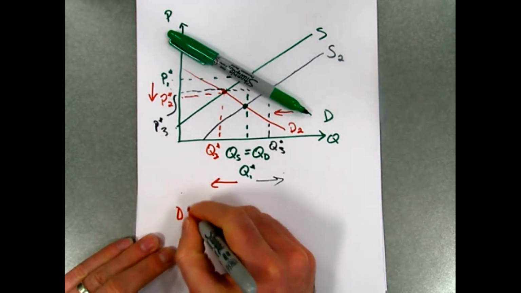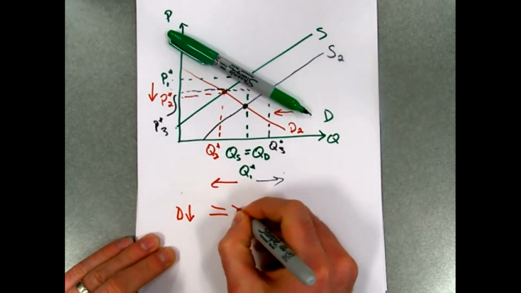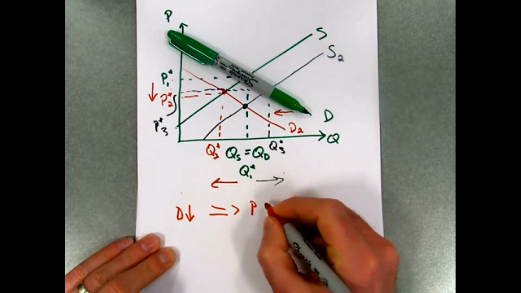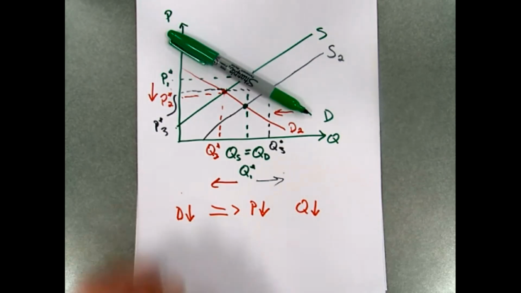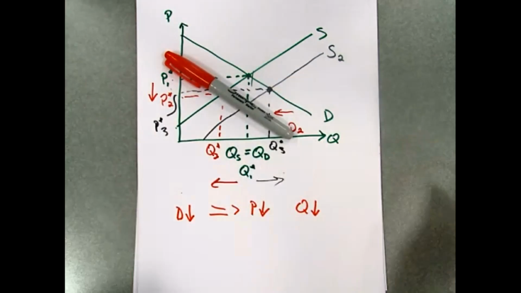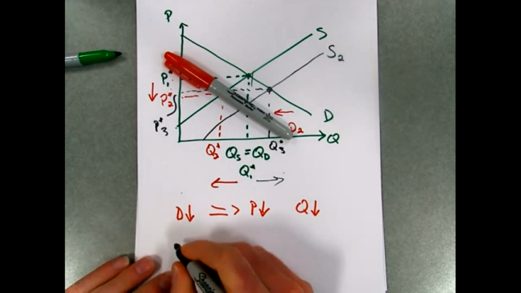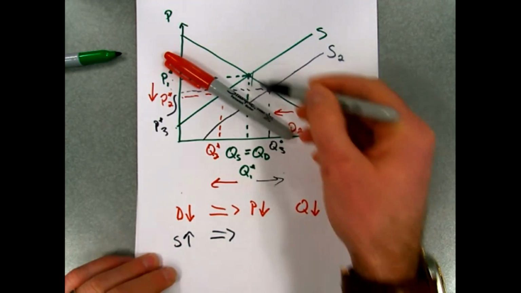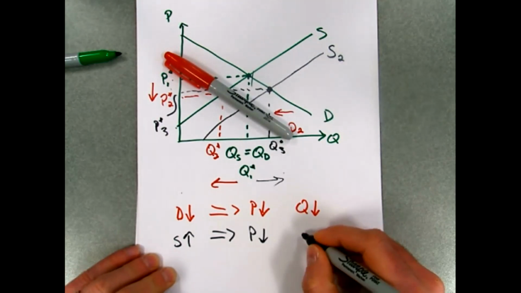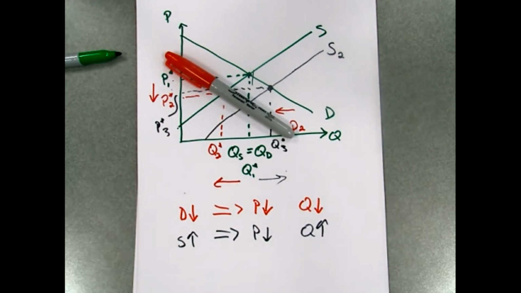The effect of the demand decrease was that we saw equilibrium prices go down, and we also saw equilibrium quantities fall. If we then think about the effect of the supply increase, our other simultaneous shift, there we saw that it pushed prices down as well, but that it drove quantities up.